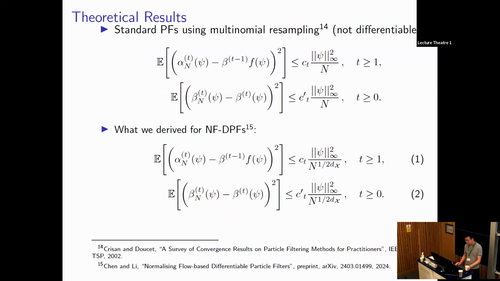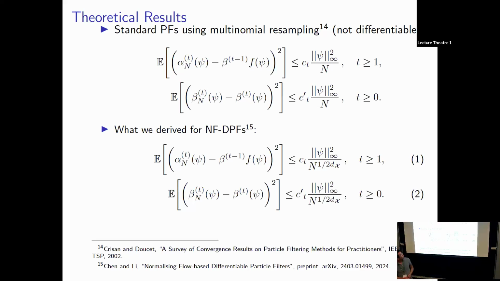And then the result we obtained is that the mean square error of the particle approximation of the mean of any test function here is in the order of 1 over n to the power of 1 over 2 dx. Xiongje has done some really nice work here.